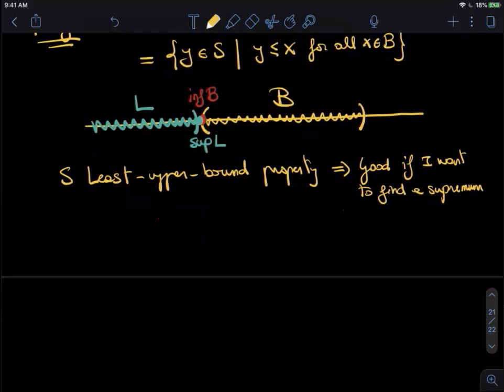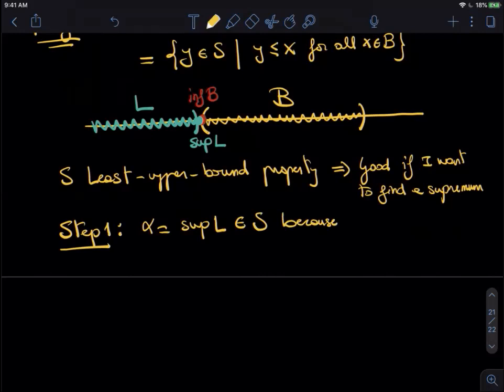Let's write it down in 2 steps. So first step, I want to show that alpha is the supremum of L. Okay, and it exists and it's an element of S, and this is because of the least upper bound property.